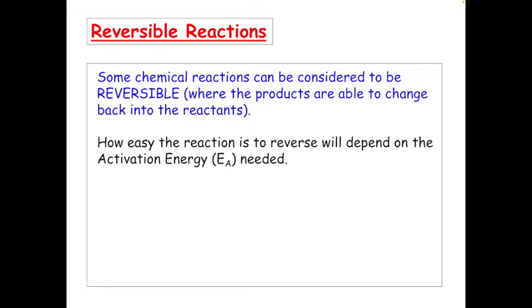If we think about a wee graph, the potential energy diagram, if you have one that looks like that, then that's going to be quite easy because the activation energy, the size of the hump, is low. Whereas if we had this graph, then that's not going to be very easy. So that's not likely to be a reversible reaction, because there's a lot more energy needed to go back to the products.